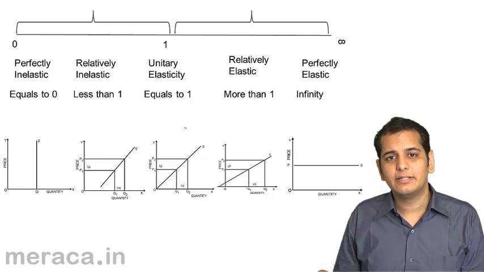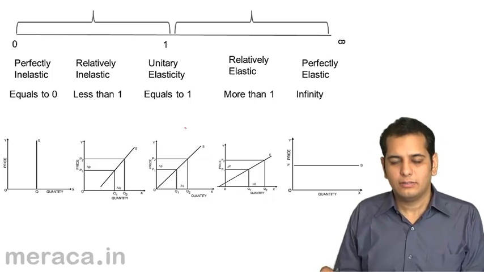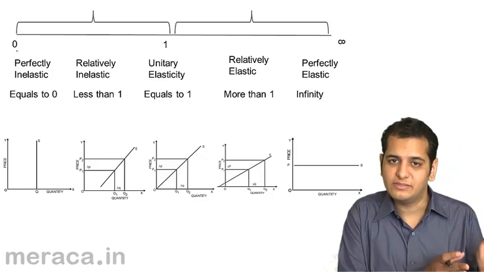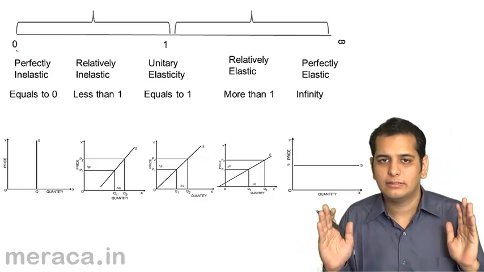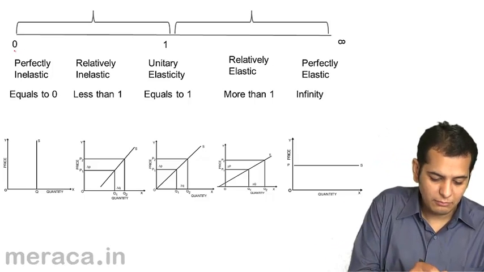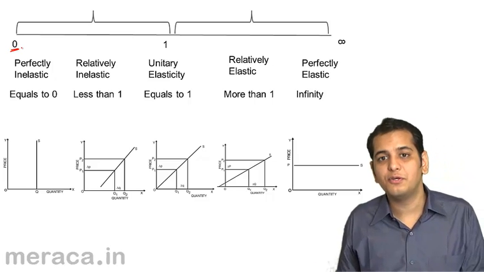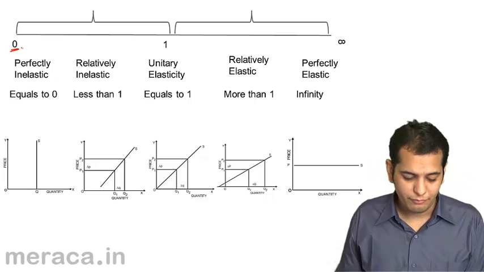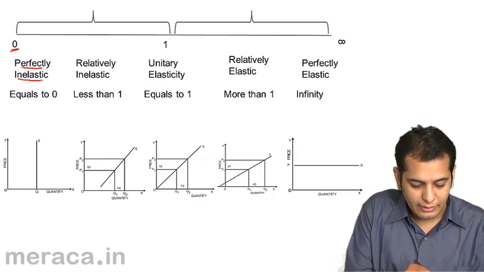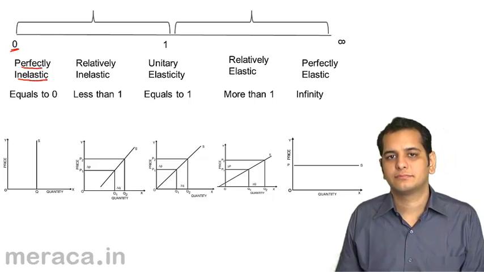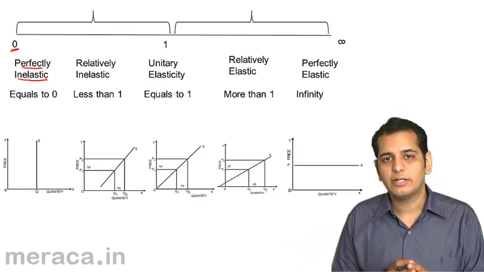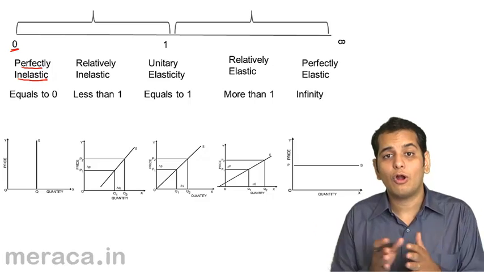When we calculate the elasticity of supply, we generally get a number which is between 0 and infinity. So when the numerical value is 0, we say that the supply is perfectly inelastic. That means the quantity supplied is not changing.